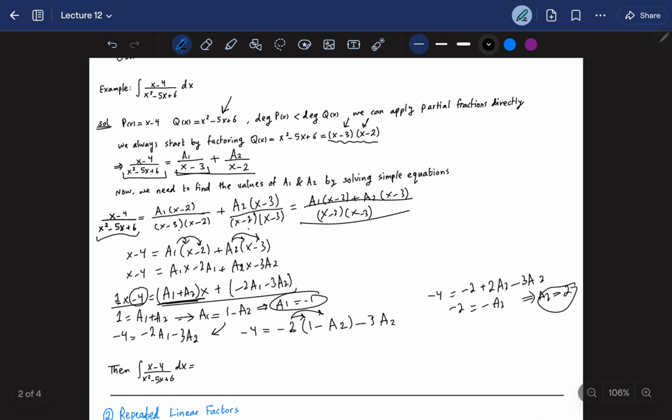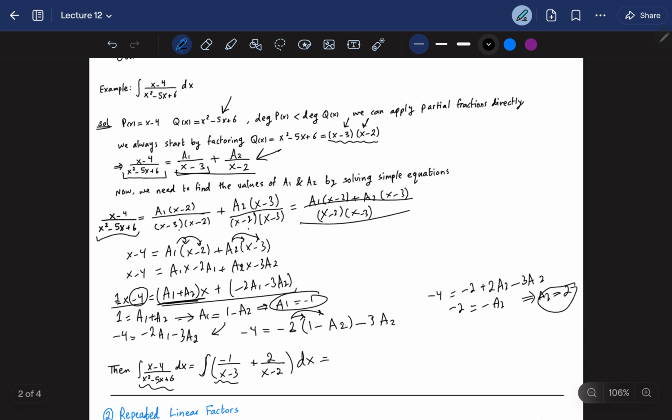So now the main thing that we have to do is done. I found the values of the constants. Technically, I'm almost there. So now the integral, since this is equal to this decomposition, I'm just going to plug in the values of a1 and a2 back in and integrate.